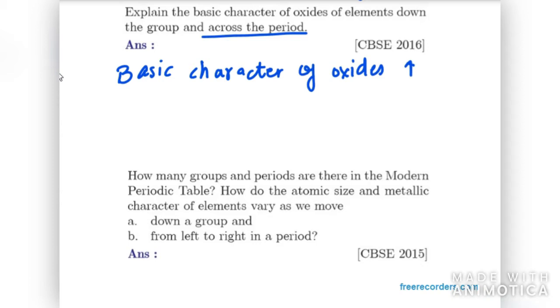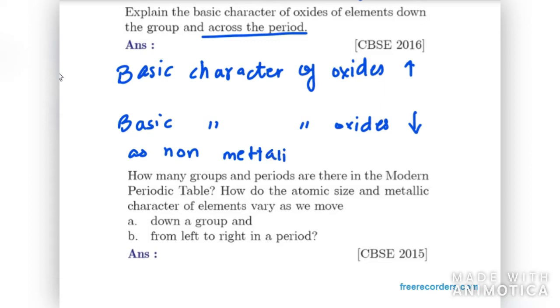Therefore, the basic character of oxides across the period decreases, as non-metallic character increases.